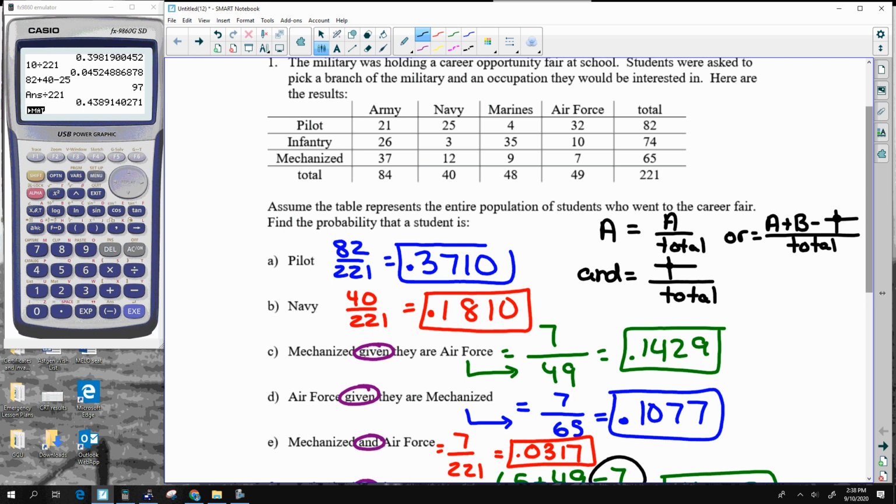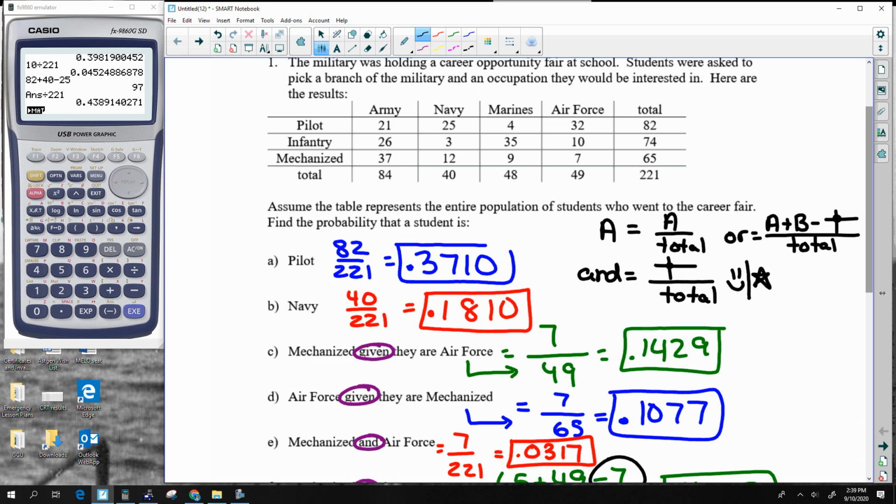In all of these things, they're out of the total. Again, the total is usually found in the lower right-hand corner. Now, the only time you deviate from that, and it's not out of the total itself, is when you have the word given. So let's say smiley face given star.